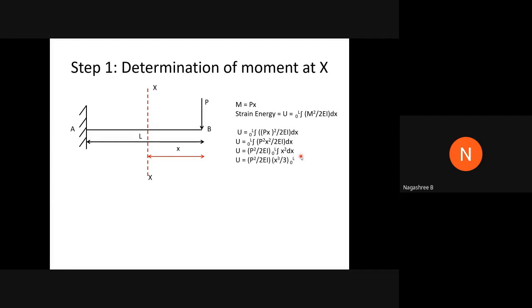Therefore, the value of strain energy is equal to P square L cube divided by 6EI. This is the value of strain energy stored in the overall member of length L.